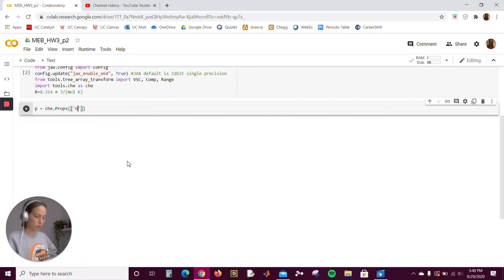We can do nitrogen, oxygen, carbon. Oh, I can't forget to put the apostrophes around it, and water. Okay. So that brings out all the information that is in Ko's code, so we don't have to manually find it and input it ourselves. Very nice of him.